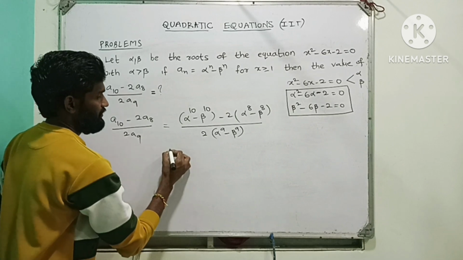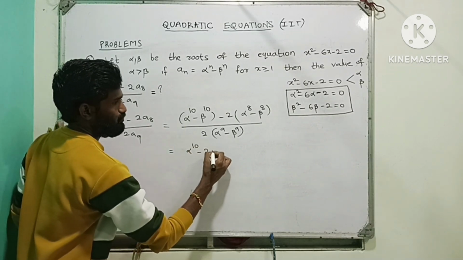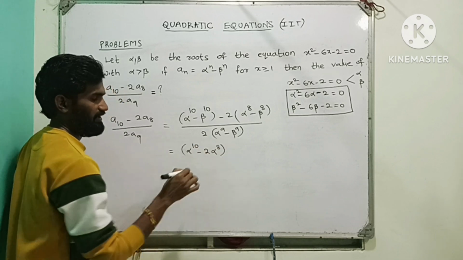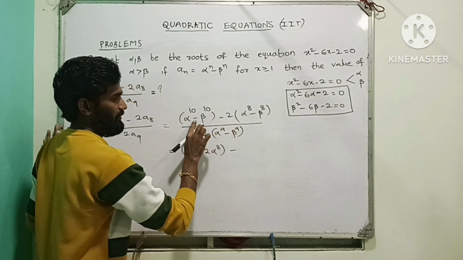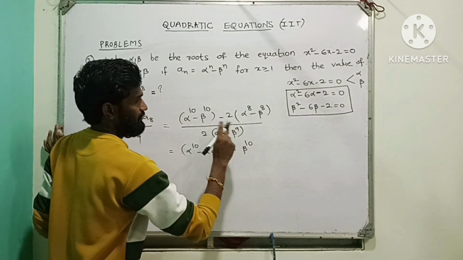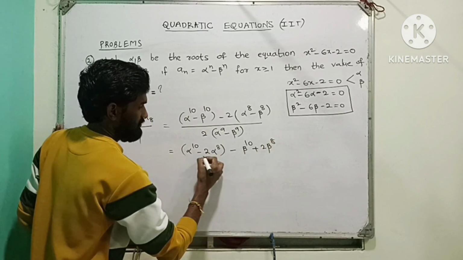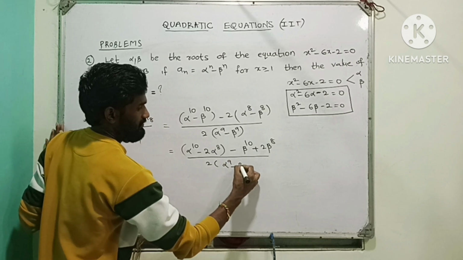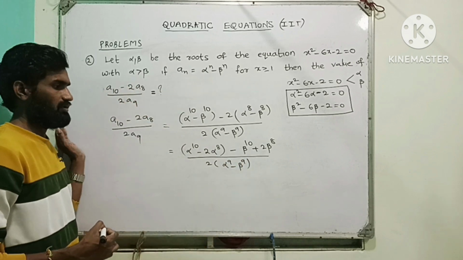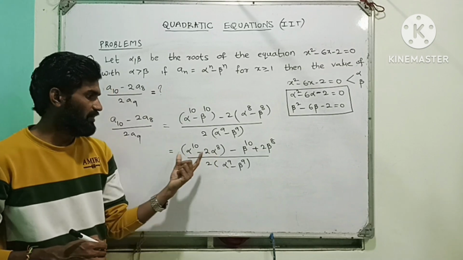Now here I am going to write alpha power 10 minus 2 alpha power 8 as a pair, and minus beta power 10 plus 2 beta power 8, by 2 into (alpha power 9 minus beta power 9).